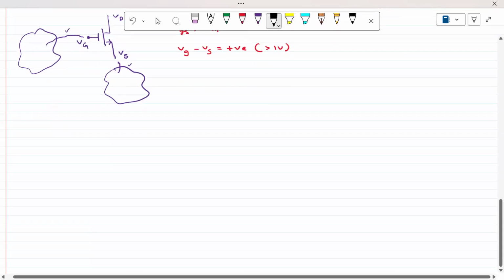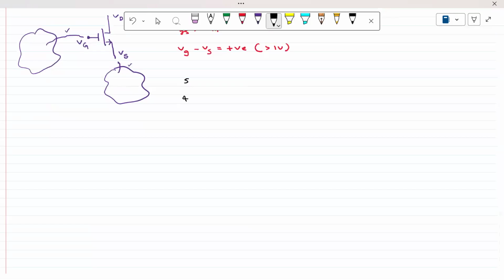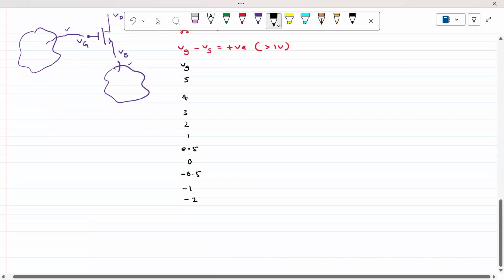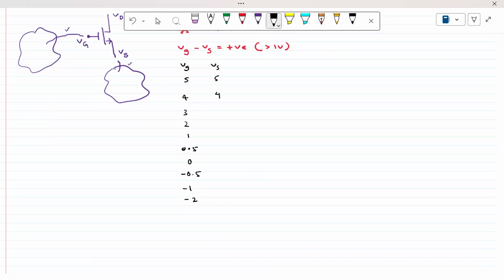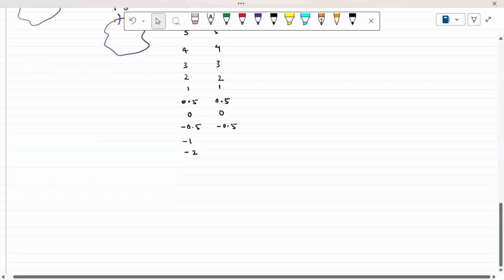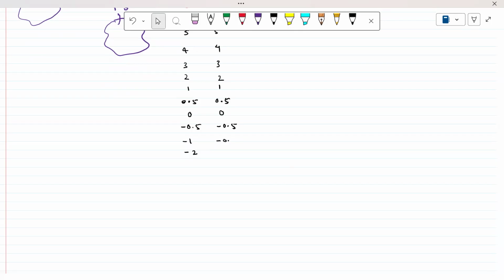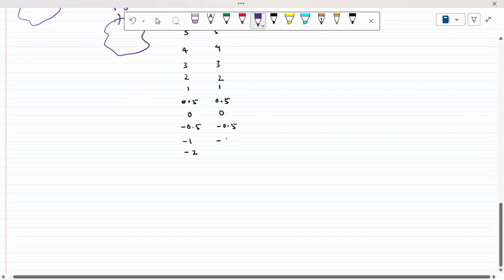Look at this carefully. For example, this is 5 volts, 4, 3, 2, 1, 0.5, 0, minus 0.5, minus 1, minus 2, something like this. This is the VG side. The VS side is something like this. This is also 5, 4, 3, 2, 1, 0.5, 0, minus 0.5, minus 1, minus 2, minus 3, minus 4, something like this.